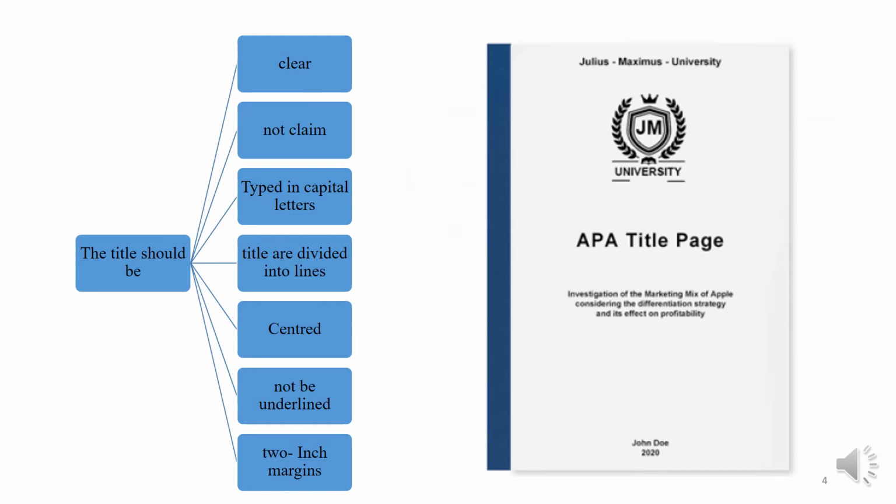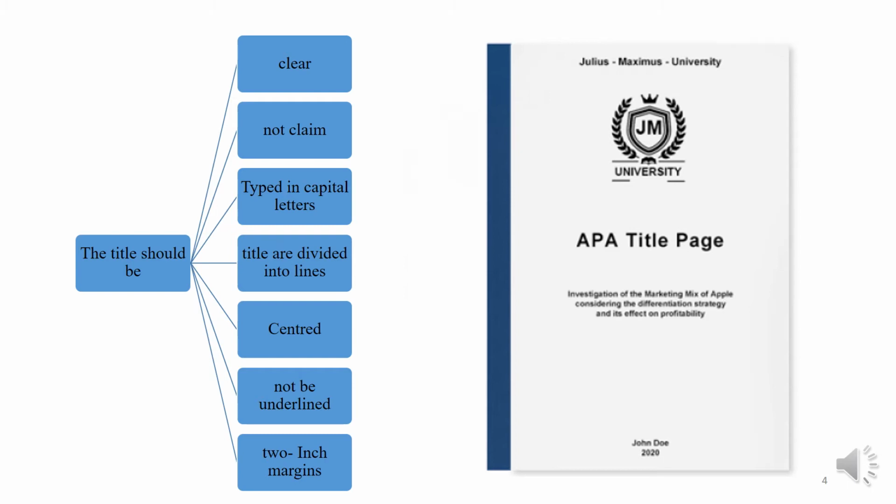And number 5, where more than one line is required, the words in the title are divided into lines so that each successive line is shorter than the one above it and is centered, in inverted pyramid style, as mentioned under the APA title page. You can see these lines, so that's what we mean.